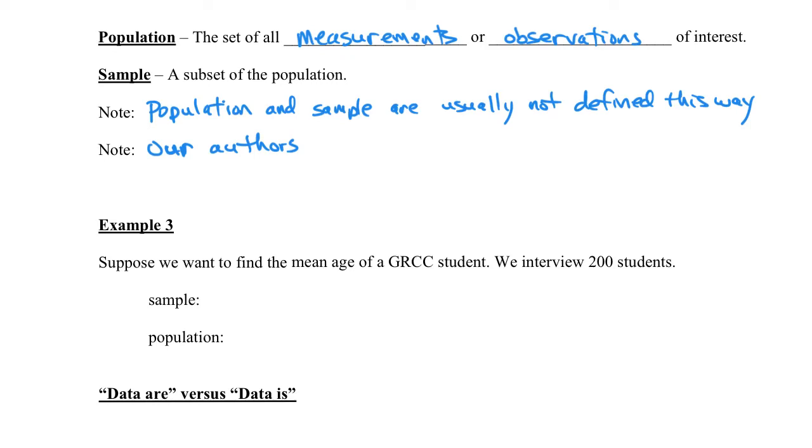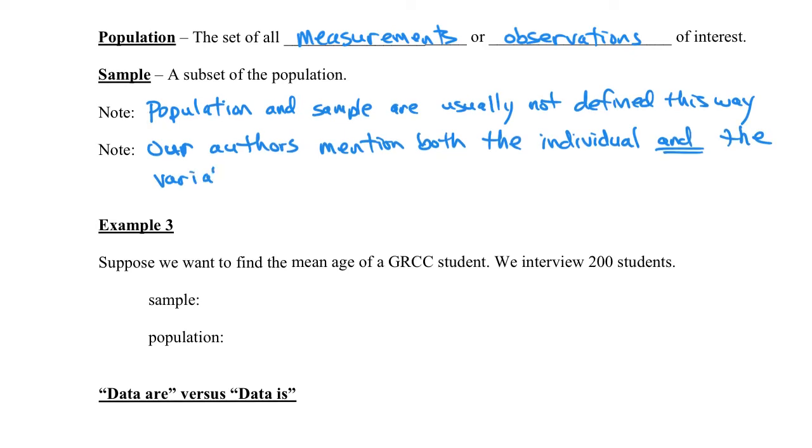And our authors mention both the individual and here's the other thing that is typically not done, and the variable when describing population or sample.